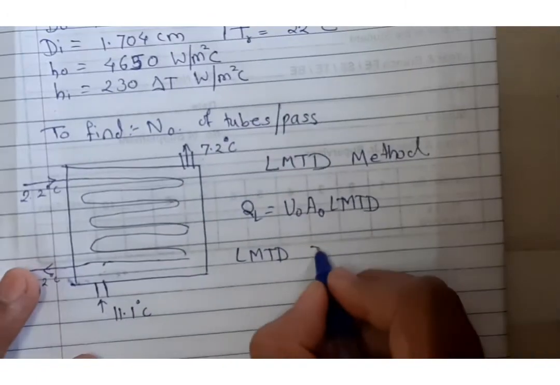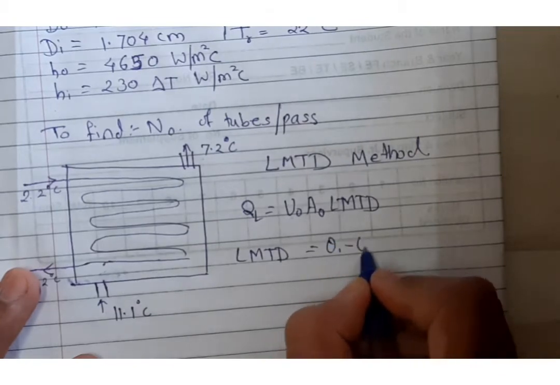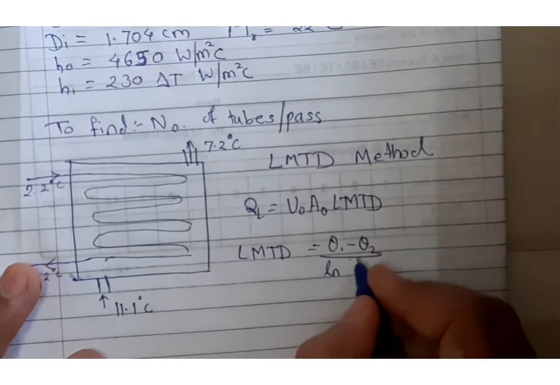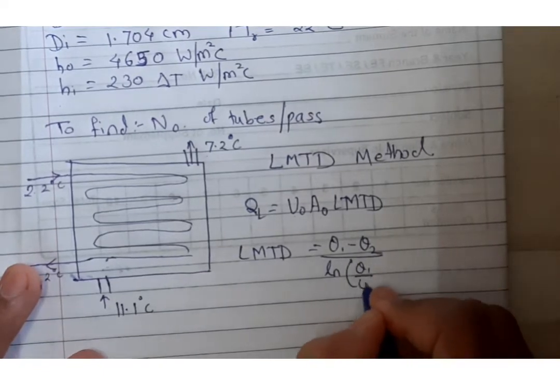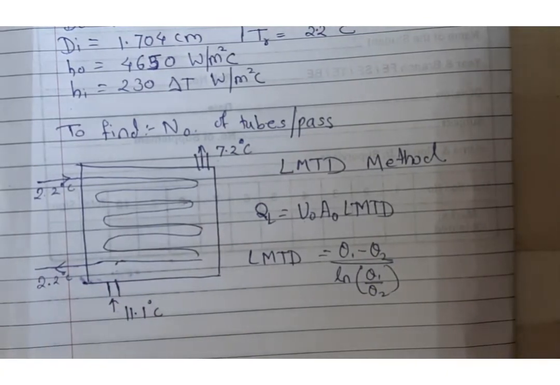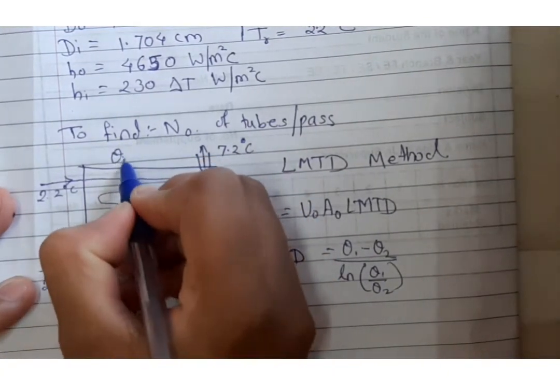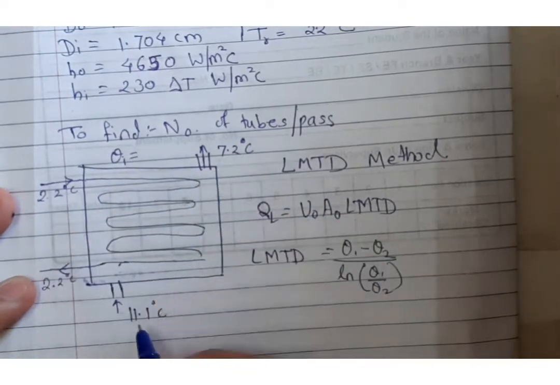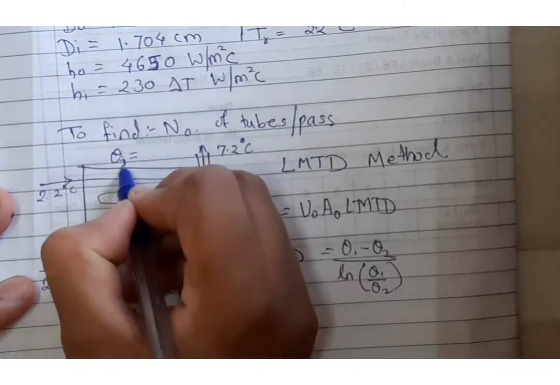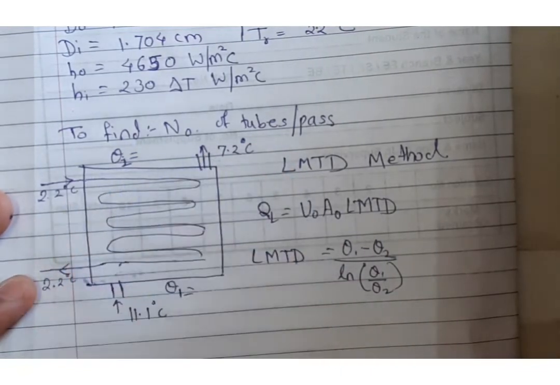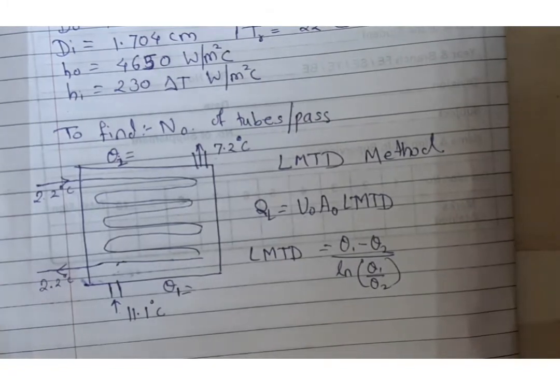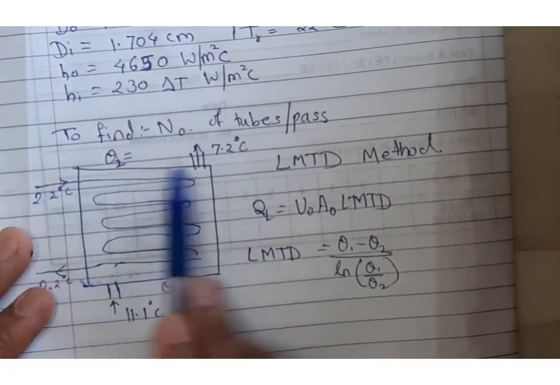by using the formula theta 1 minus theta 2 divided by natural log of theta 1 by theta 2. Now let's say this is theta 1 and this is theta 2. So theta 1, from here we can find, that is the difference between these two.